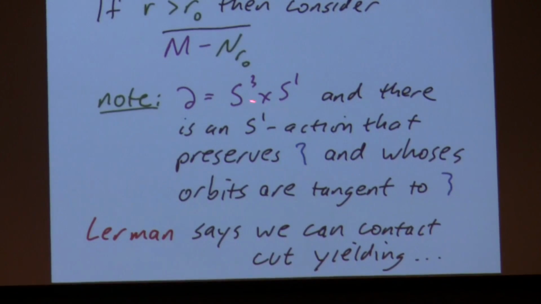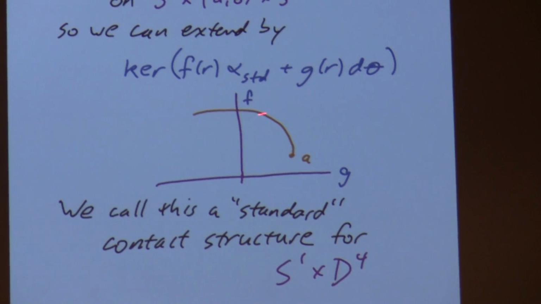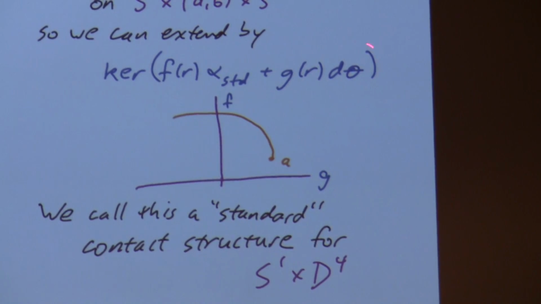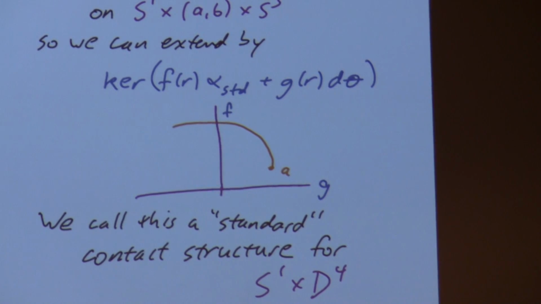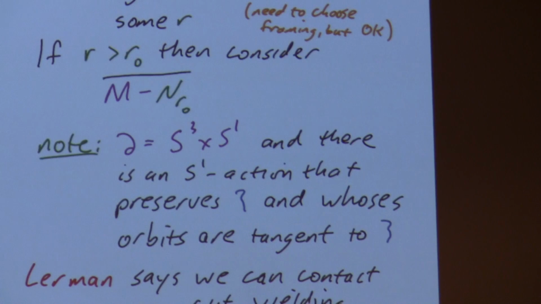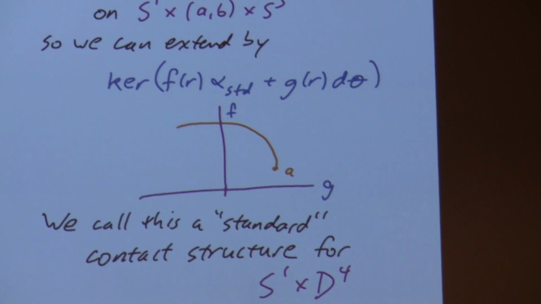And the S1 factors, if you look back at this form at r naught, this term is 0. So d theta, the tangents to the S1 direction, are in the contact hyperplanes. And this form is invariant under the action of rotating in the theta direction.